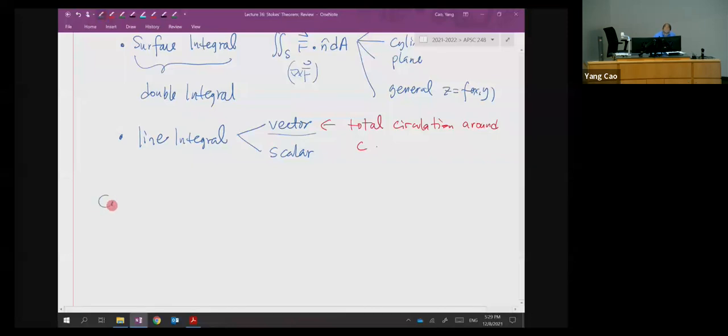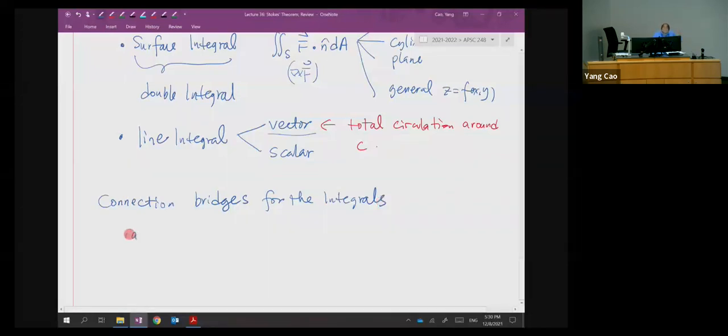And then on top of this, there are a few bridges, I would call them. I call them connection bridges for the integrals. We have a few theorems that connect some of these integral concepts together.